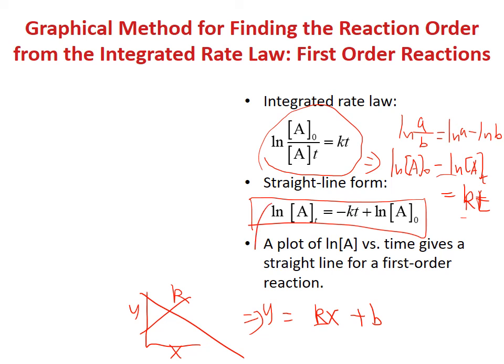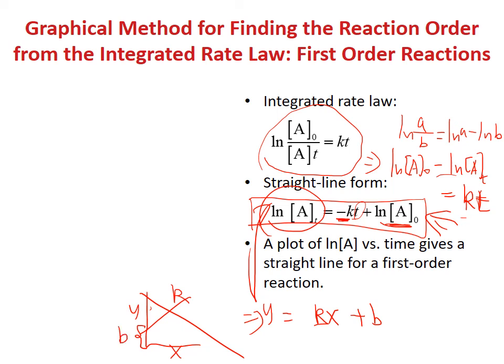If you compare these two equations, you can see this is actually a linear equation where y is ln A at a certain time, t is x, the slope is negative k, and this is the intercept, that's the b.